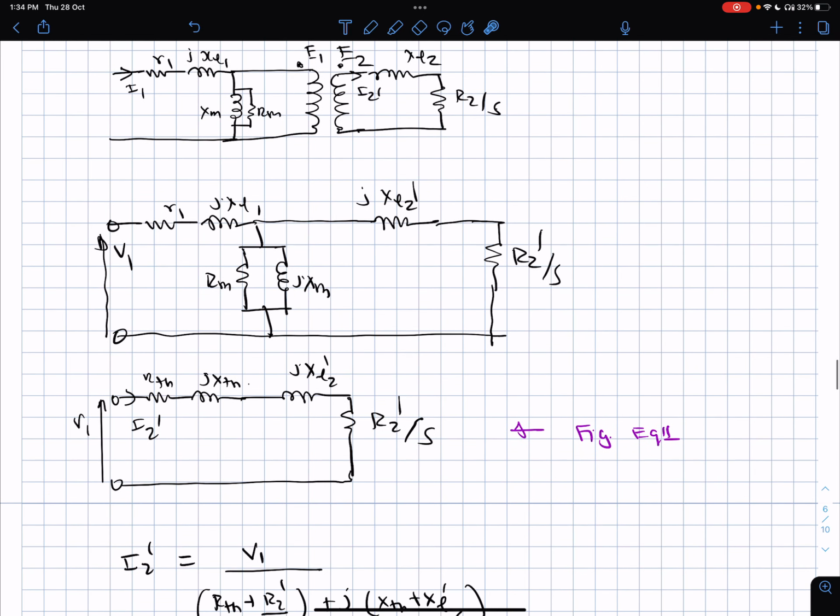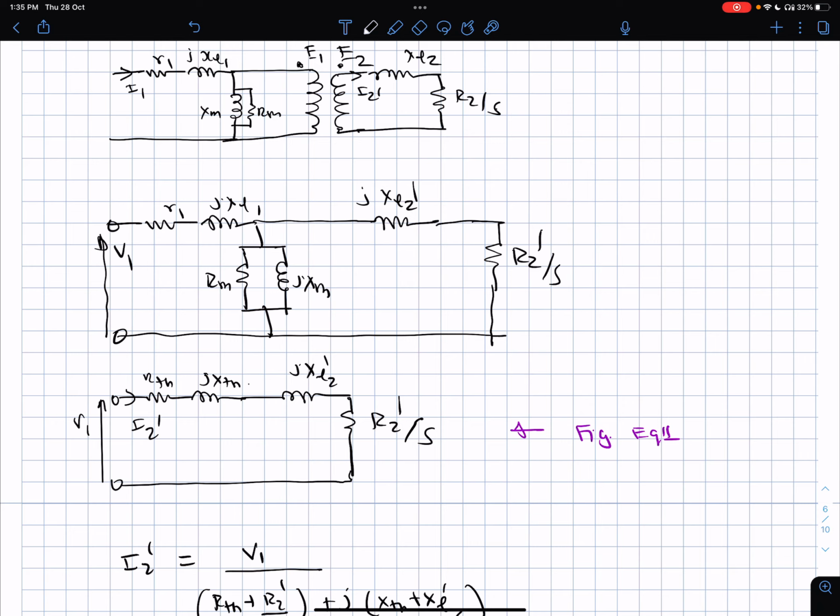Now I will replace this part with an equivalent Thevenin impedance, RTH and ZTH. For analysis of power transferred to the rotor, I remove this, short circuit the source, and calculate the ZTH. The open circuit voltage here is the VTH, which I should be writing here rather than V1.